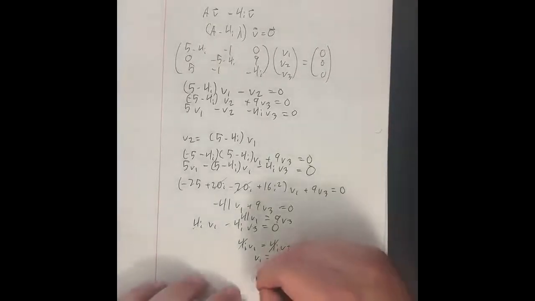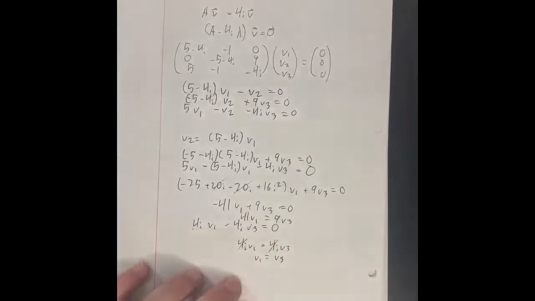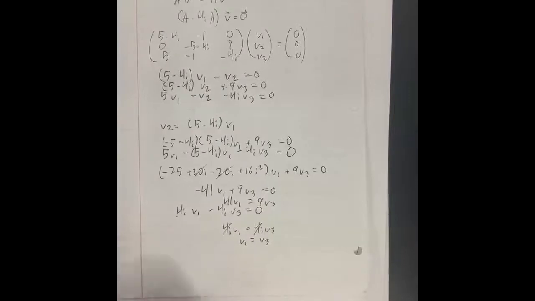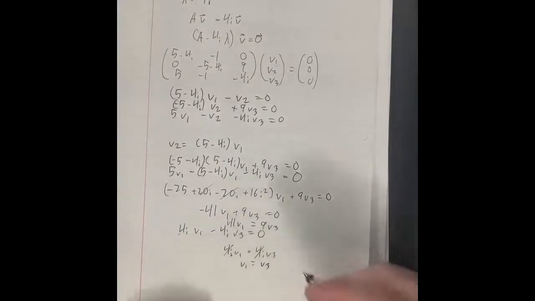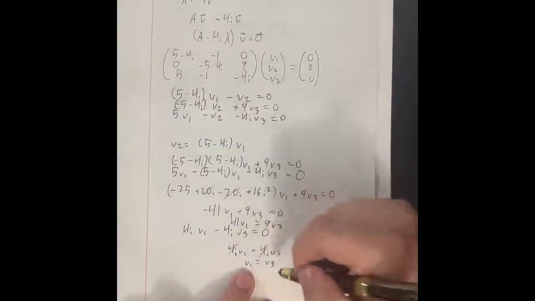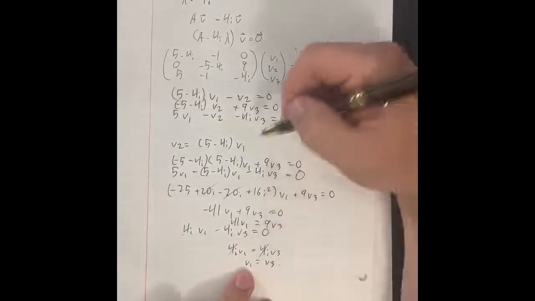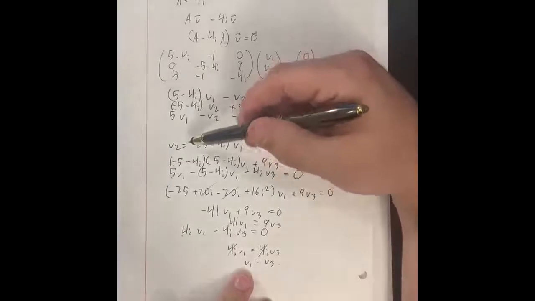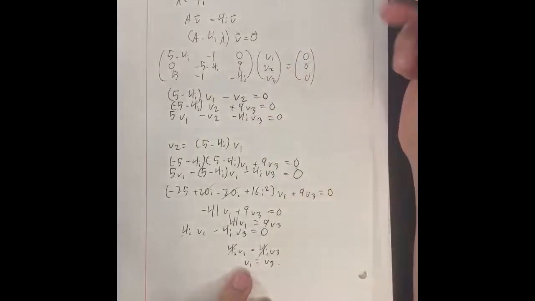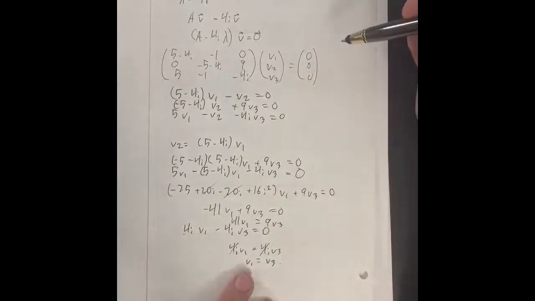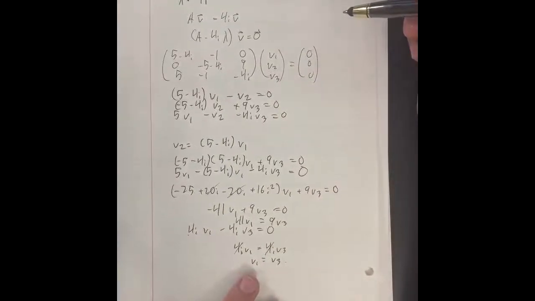That is if v1 and v3 are both equal to 0. So v1 is equal to 0, but that doesn't work. If v1 equals 0, then that means v3 equals 0. But then if v1 is 0, that means that v2 is also 0. So all are zeros, and that's not what we want. We don't want the all-0 vector. We should be able to make a choice somewhere along the line.